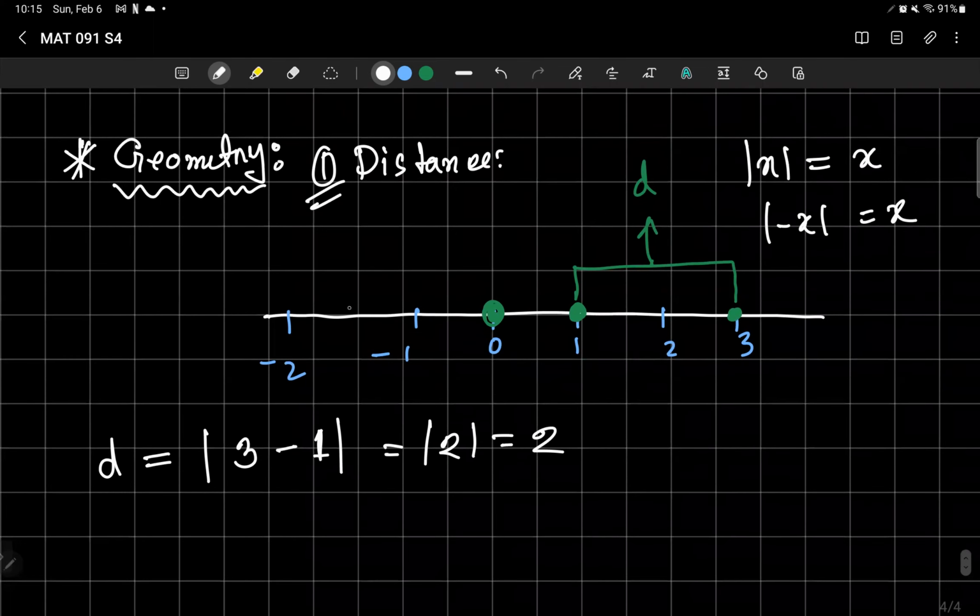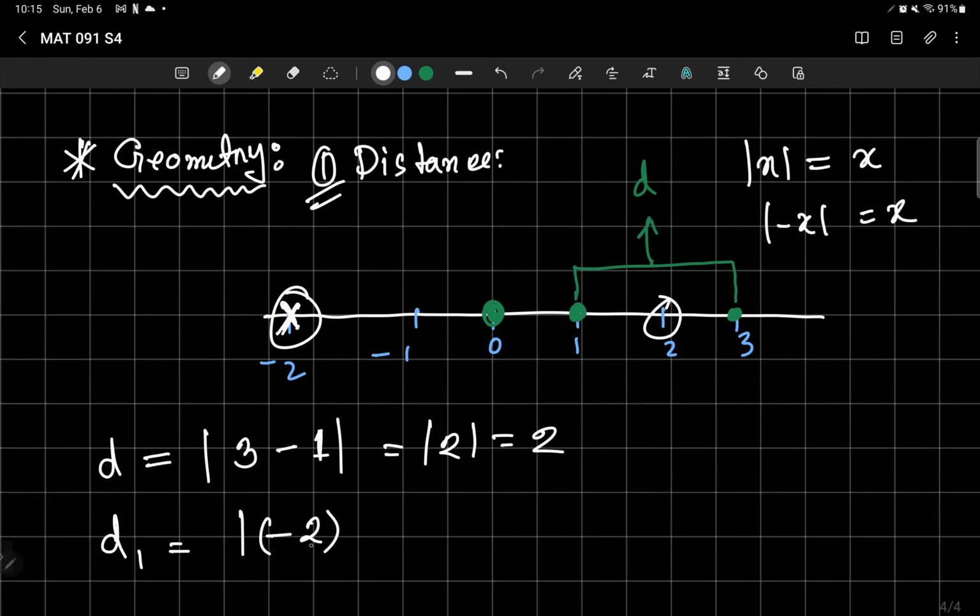What about the points -2 and 2? Let's call that D1. The endpoint is 2. You can also select the endpoint to be -2. It really doesn't matter since you are using a modulus sign. So this is -2.